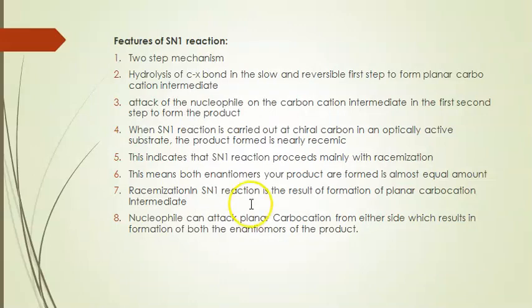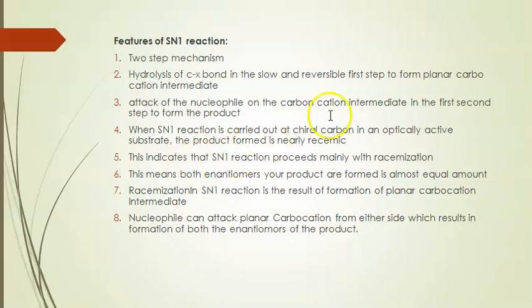Salient features of this reaction: a two-step mechanism, hydrolysis of the C-X bond in a slow and reversible first step to form the planar carbocation intermediate, and attack of the nucleophile on the carbocation intermediate to form the products.